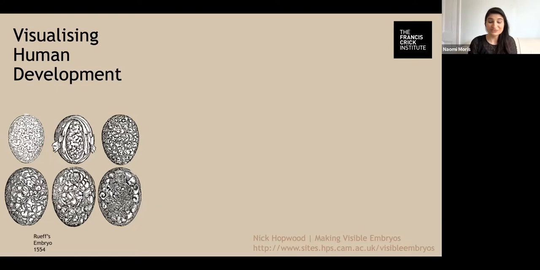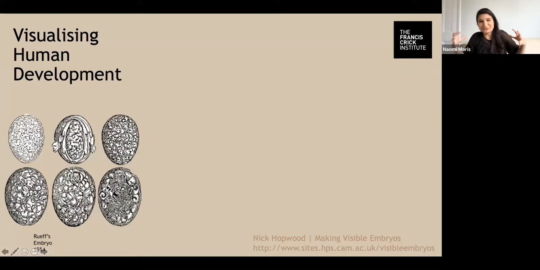So this was a really early example back in the 16th century where they thought about how human embryo development might happen. And you can see it looks a bit like a chicken egg, where there's this kind of growth happening, and you can see over time there's an idea of vascularization, and eventually in this figure you can see the outline of a fetus in this drawing.